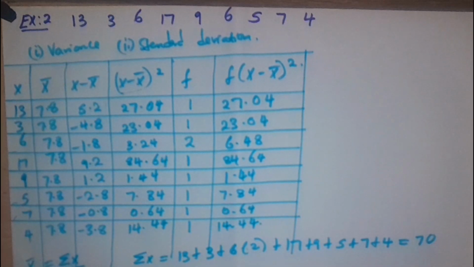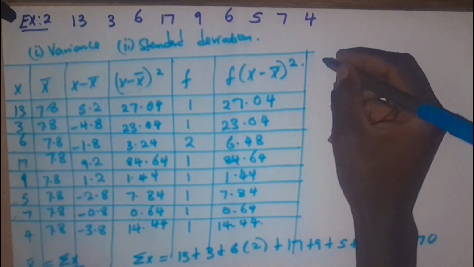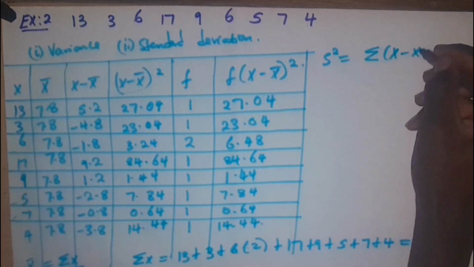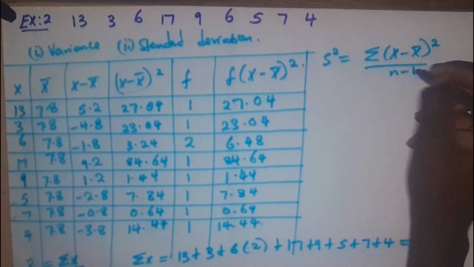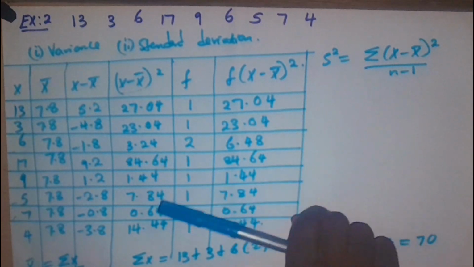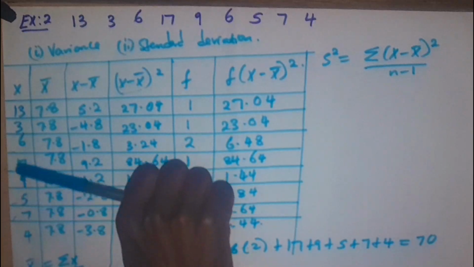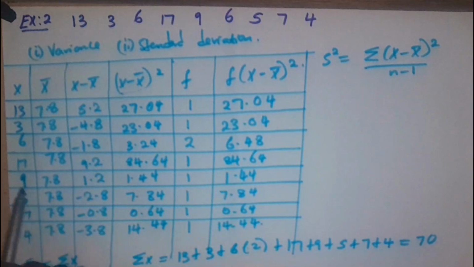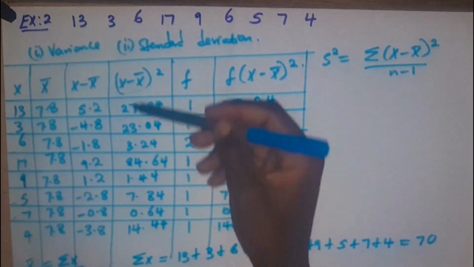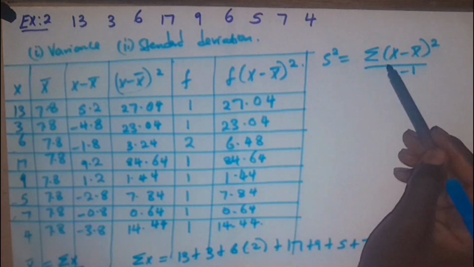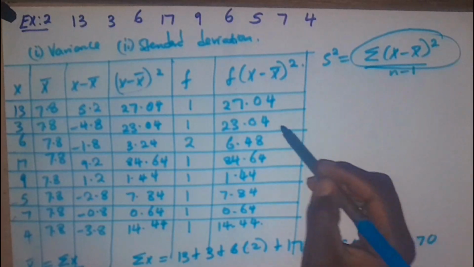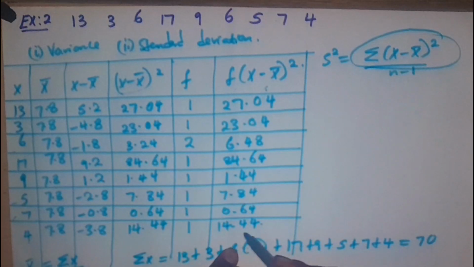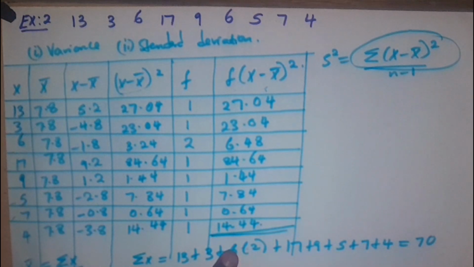Now we know that the formula for variance is equal to the summation of each data point minus the mean all squared over n minus 1. Since we have a repeated number and we didn't repeat it, to avoid too many rows here, this portion is covered by the frequency column. So you take the summation of the frequency multiplied by the deviation.